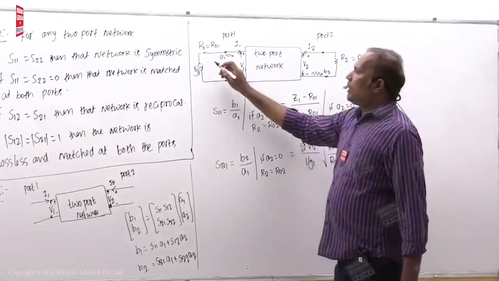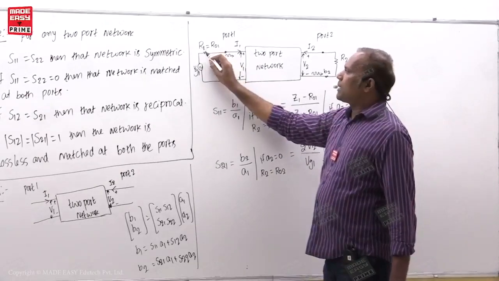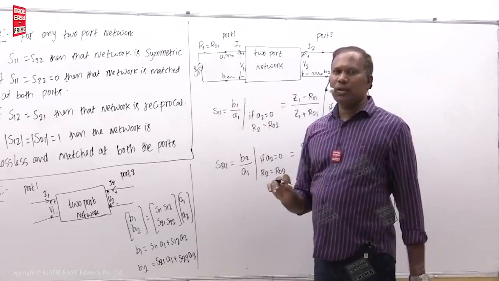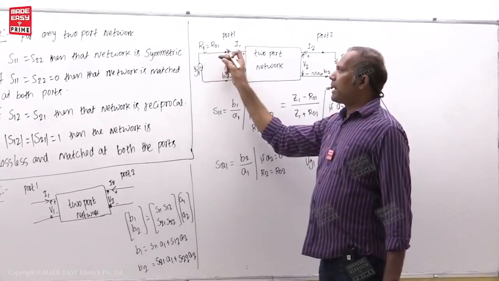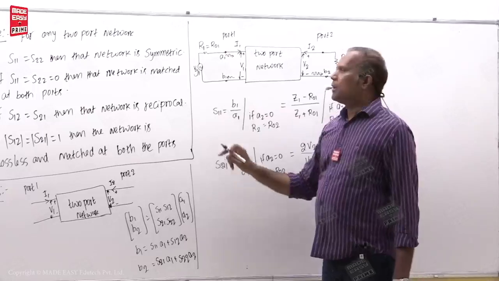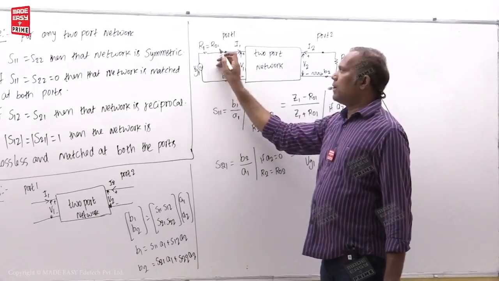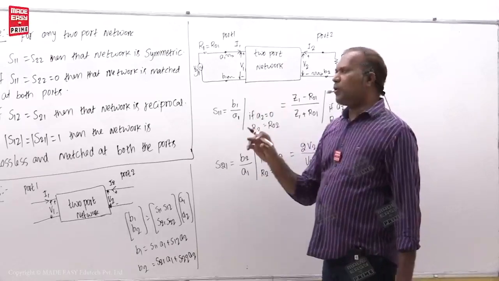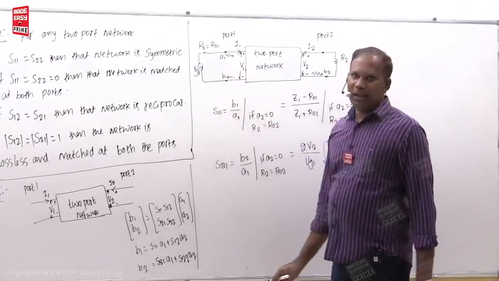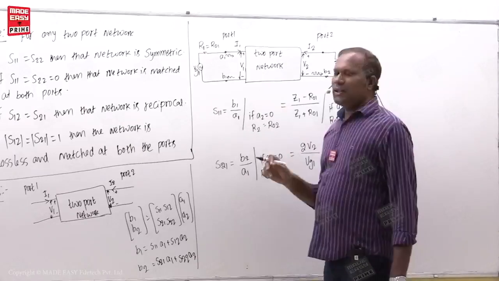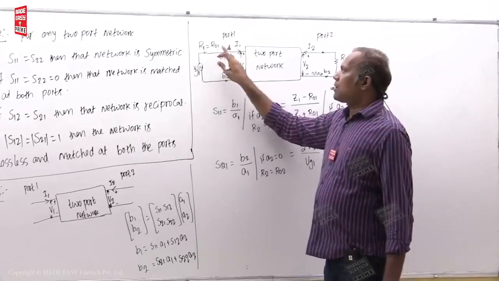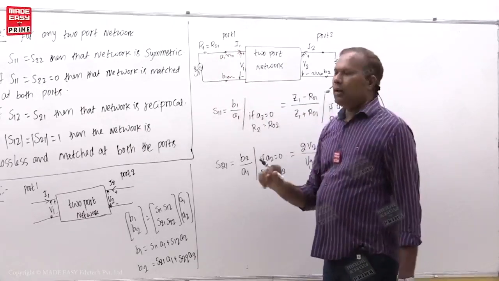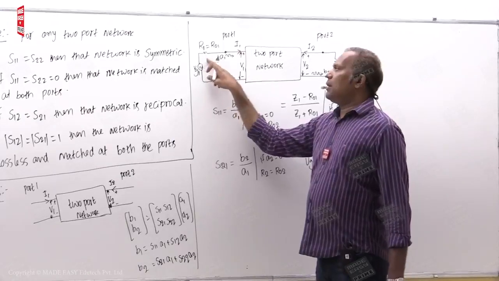So the terminating impedance at port 1, R1, is nothing but the source impedance. If you want, you can change that by connecting some other resistance so that you adjust that value in such a way that you get whatever R01 is required. I will tell you in the solving of questions, they give the reference impedance. For example, they give a reference impedance of 1 ohm, R01 is 1 ohm in the question, so you adjust this impedance in such a way that you get 1 ohm.